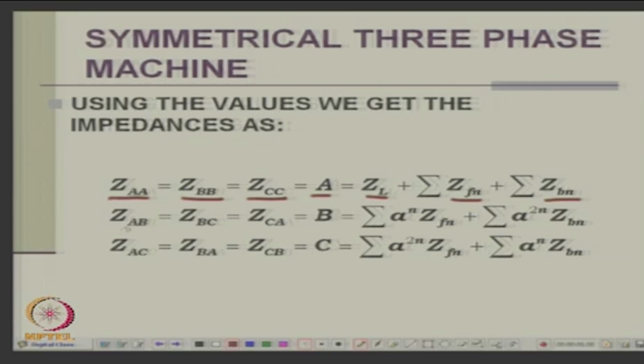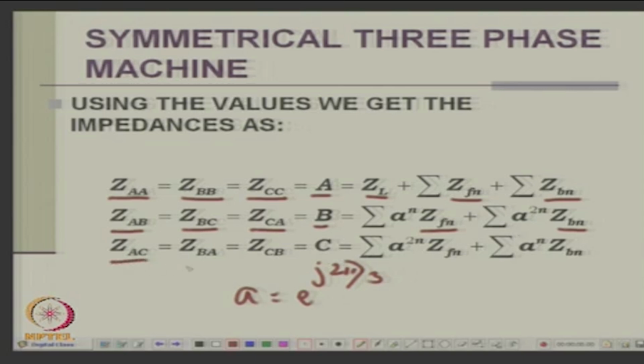Now, ZAB will become ZBC equal to ZCA, because they are all at 120 degrees. Call it B, which will be a to the power of n, where a is e to the power of j 2 pi by 3, times ZFN, plus a to the power of 2n times ZBN, because you can just substitute those values.